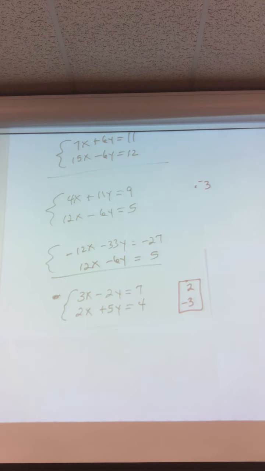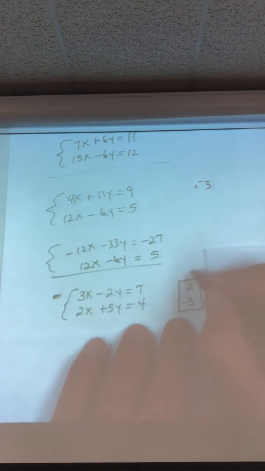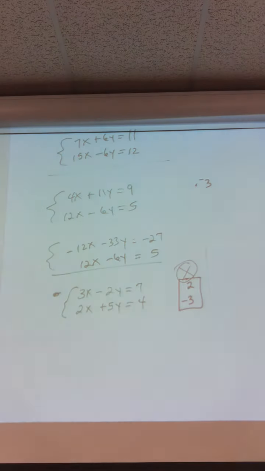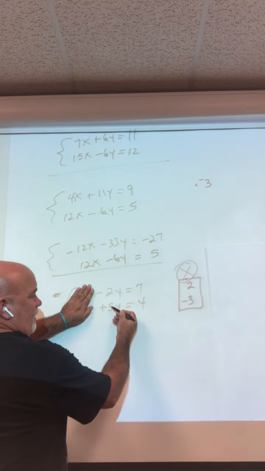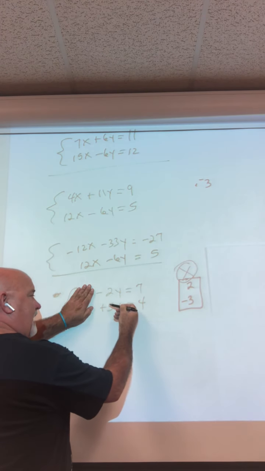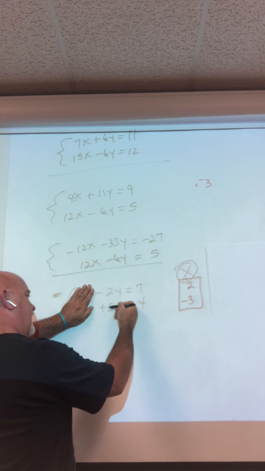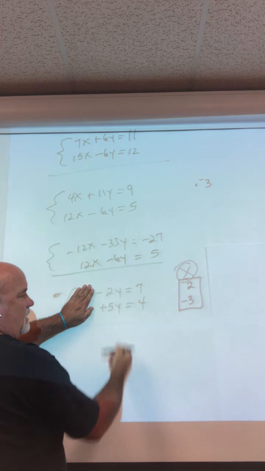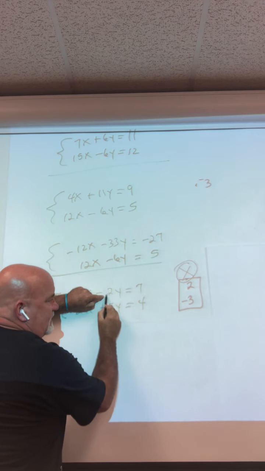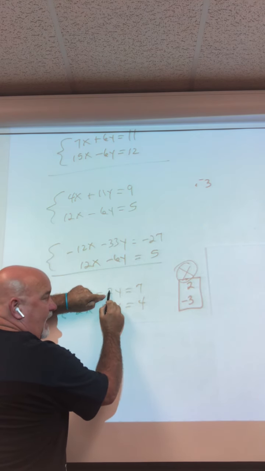Now, suppose, instead of eliminating the x, suppose I said, you know what, Mr. Ryan, I think I want to eliminate the y's. All right, let's see what we would have to do. 5, you can't multiply 5 by anything to get 2, 2 by anything to get 5, but you can get both of these to be 10s. So what would you have to multiply this by to get a 10? 5.